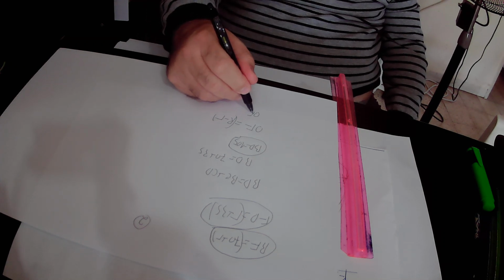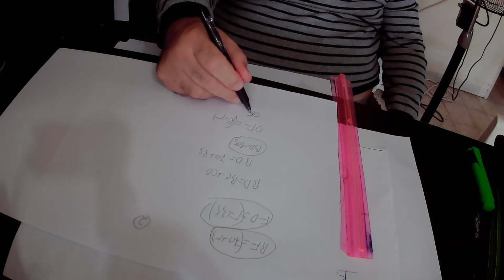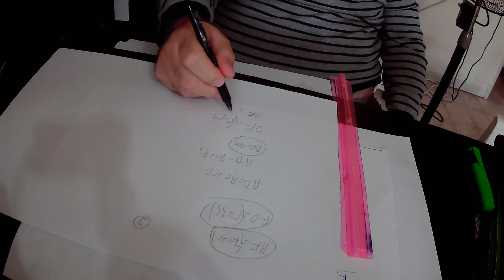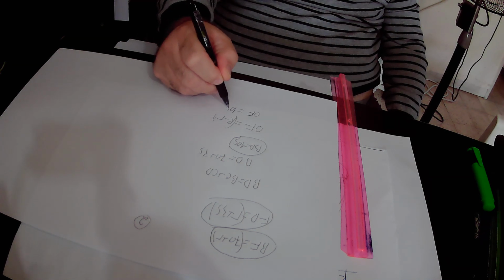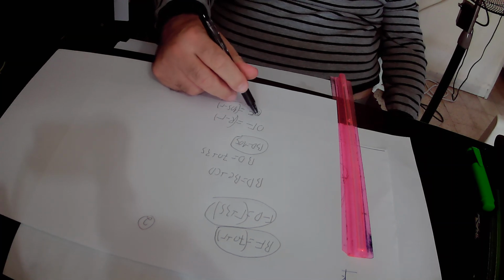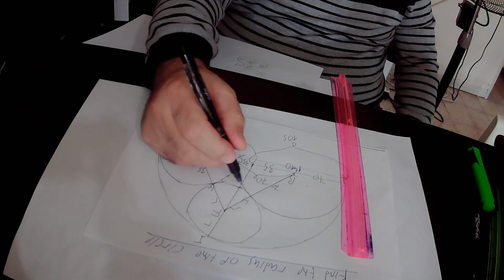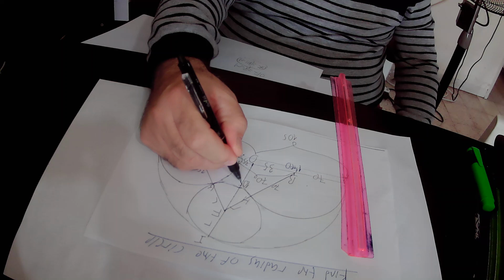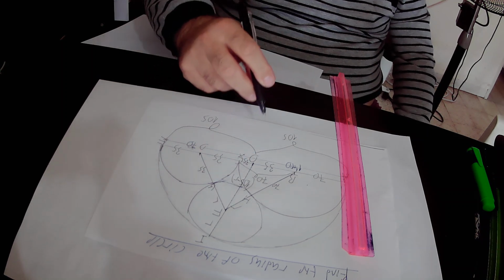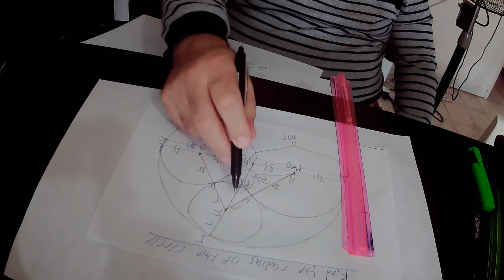But we have already found out that the radius of the biggest circle equals 105 units. That is to say, capital R equals 105 units, so we substitute capital R by 105. So OF equals 105 minus r units. That is the distance between the centers of the biggest semicircle and this circle.